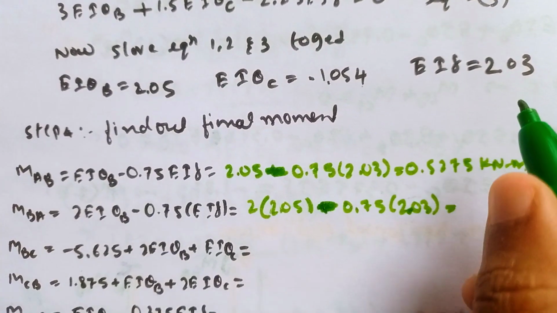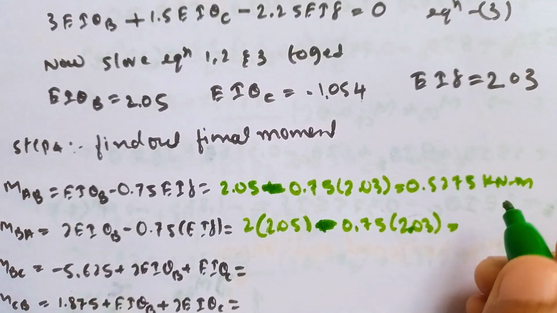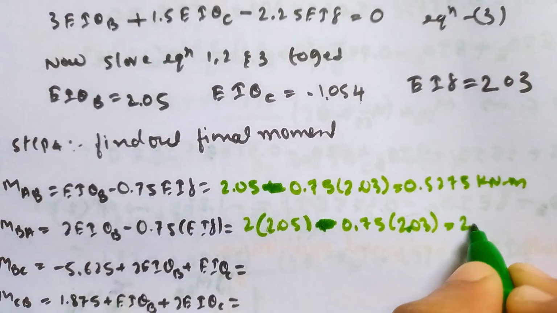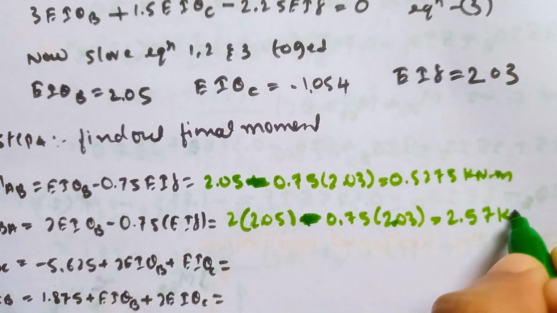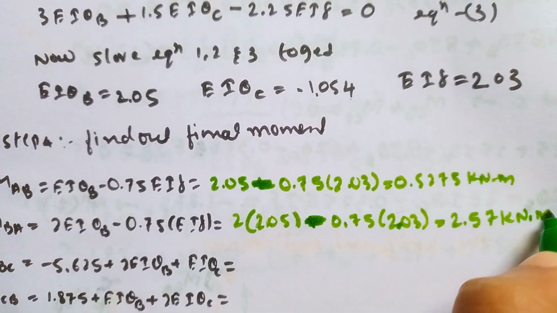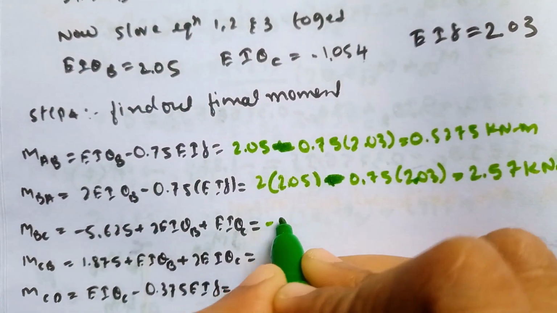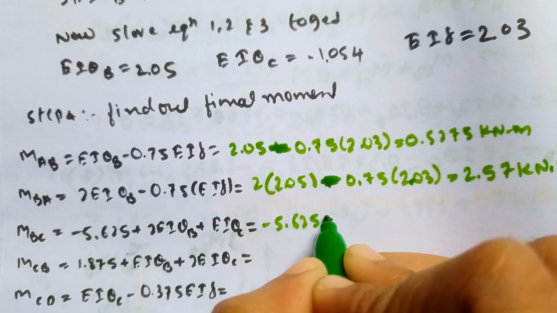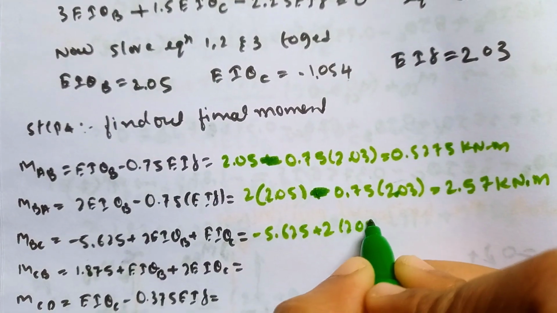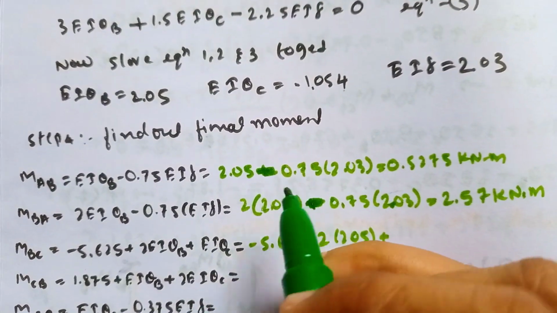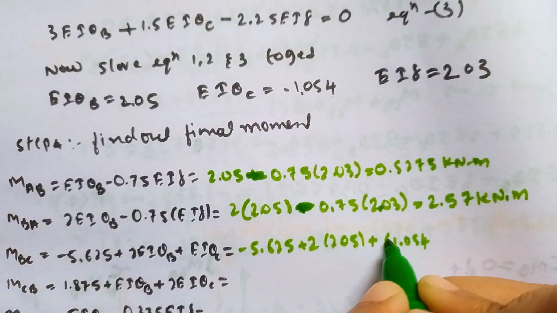Now similarly for MBA, substitute all the values here and simplify it. By simplifying, MBA is equal to 2.57 kilonewton meter. Now for MBC is equal to minus 5.625 plus 2 EI theta B, value is 2.05, plus EI theta C, value is minus 1.054.